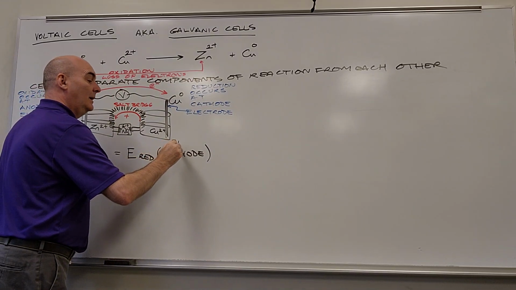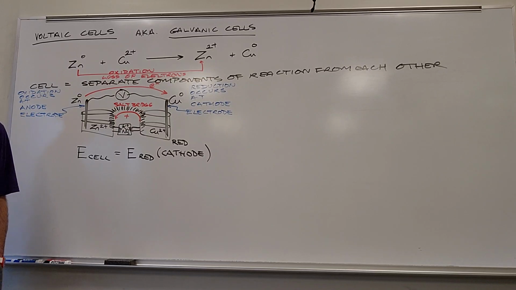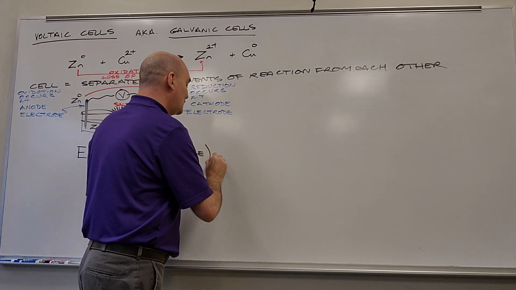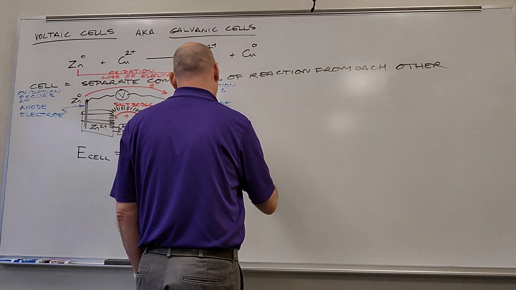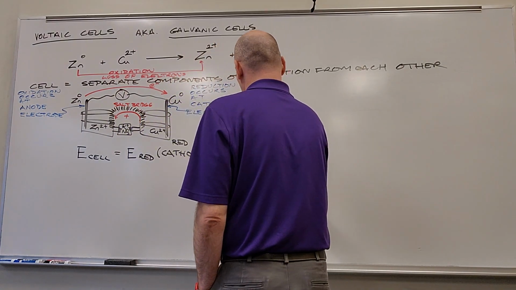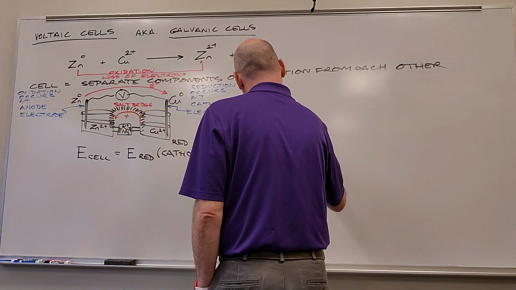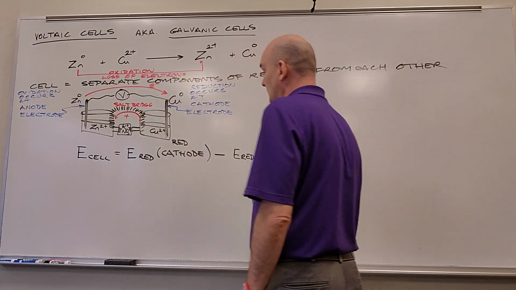The cathode is the reduction. It's where the reduction happens. And then we're going to subtract from that the reduction potential of the anode, where the oxidation happens.